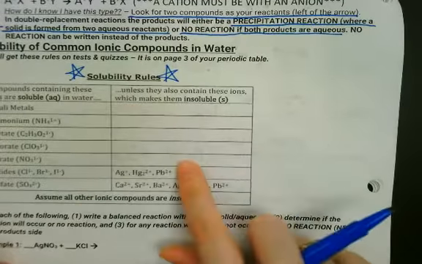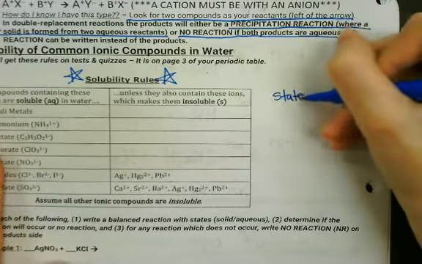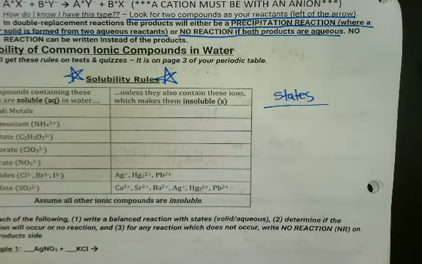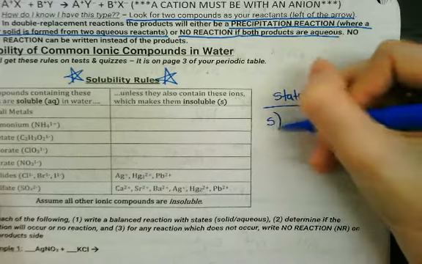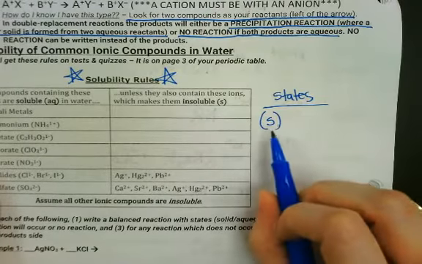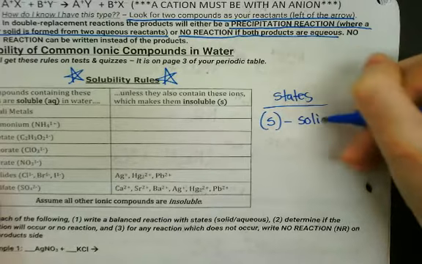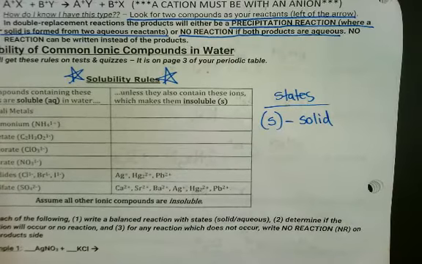So before we talk more about this solubility rules chart, I do want to review states. I know we talked about these on the first day of our units when we were talking about symbols in our chemical equations, but I know it's been a little bit. Like I said earlier, that lowercase s in the parentheses is going to be solid. This is what a precipitate will be represented by.